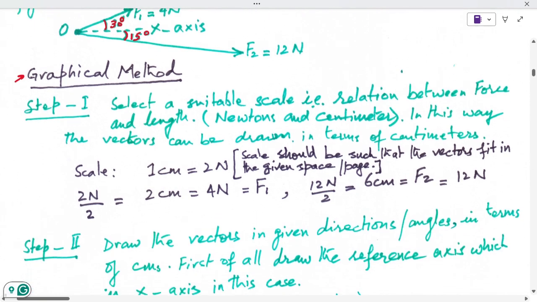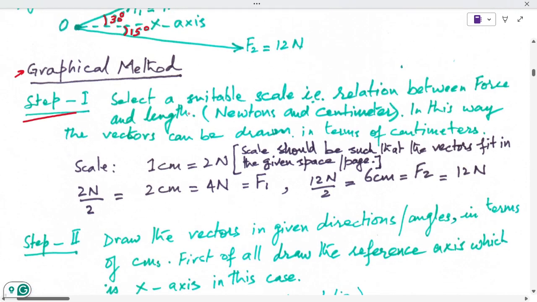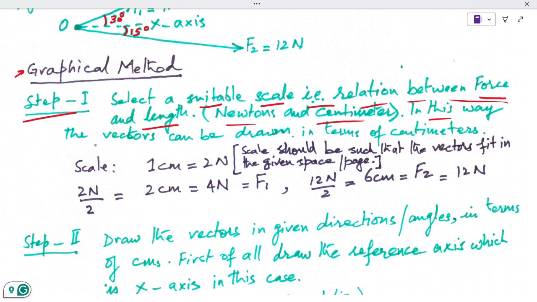Step 1, you have to select a suitable scale. That is the relation between the force and the length of the vector, newtons and centimeters. In this way, the vectors can be drawn in terms of centimeters on the paper, whereas newtons cannot be drawn directly on the paper. So the scale should be such that it fits in the page, it doesn't go out of the page.